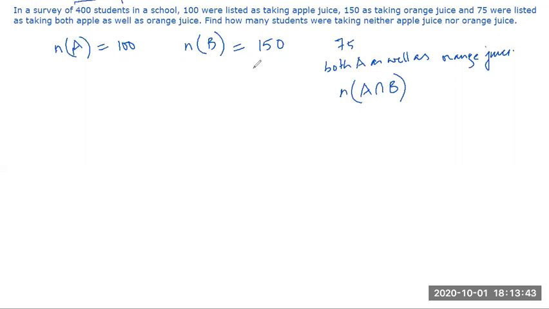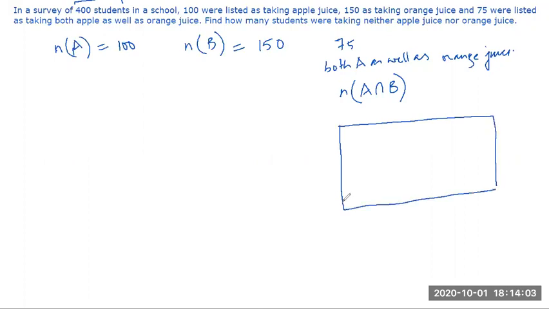Now the question is, what is this 400? It's not mentioned whether all the students are taking juice or not. So what can you think about 400? Here comes the concept of universal set.